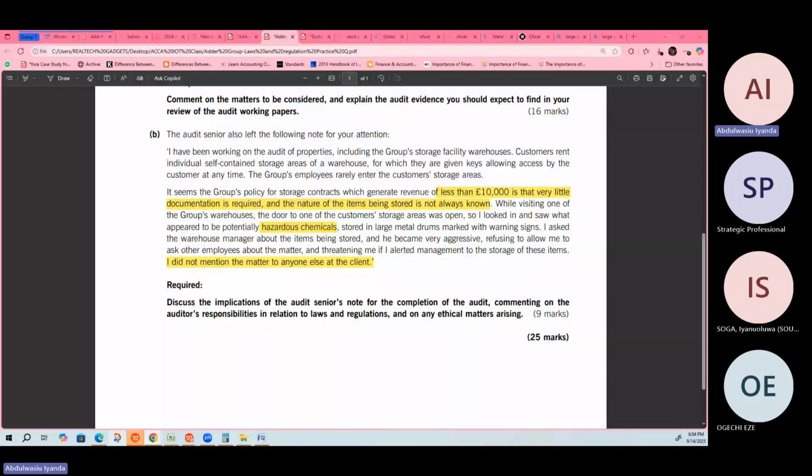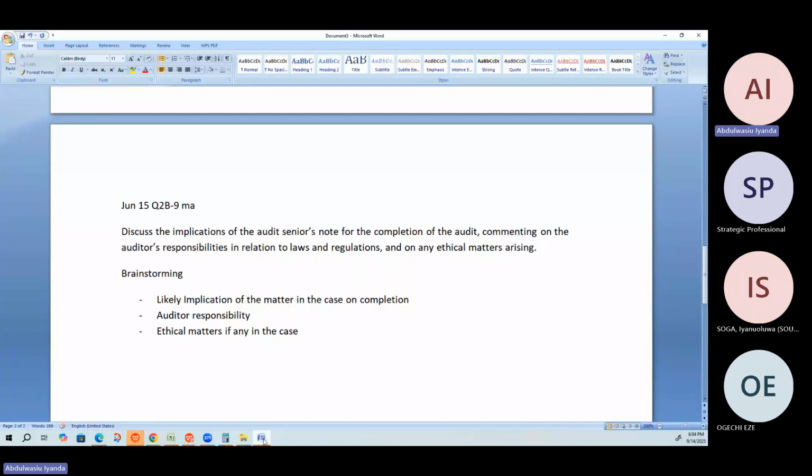Let me try as much as possible to open our mind to what I'm expecting you to have. The auditor responsibility, this is just it. I will not write too much here. I can say one, what do you expect the auditor? Let's focus on that word. What do you expect the auditor to do?